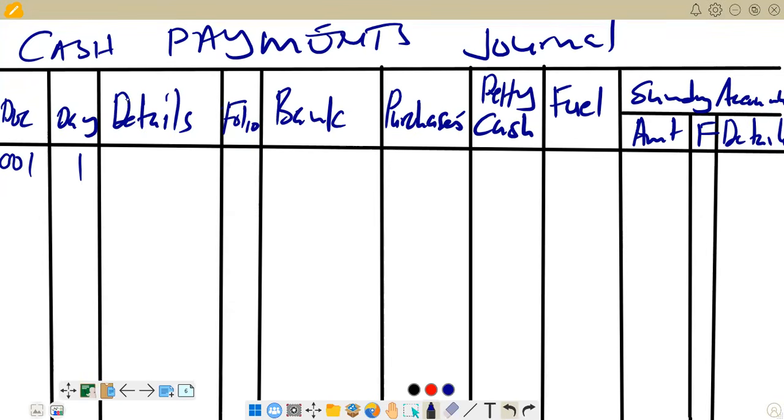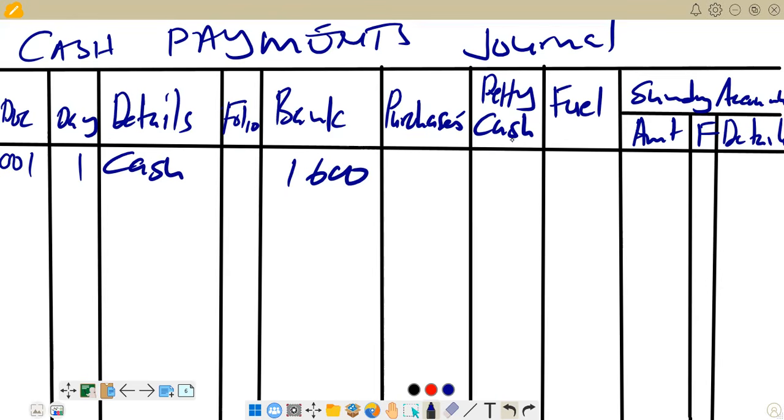Then on details, we are going to write cash. Then we don't have portfolio details. Then the amount that we have is 1,600. For every transaction, we are going to see if that transaction is under purchases, petty cash, or fuel.